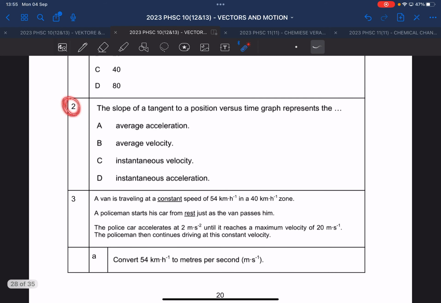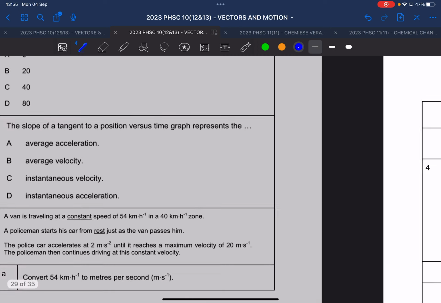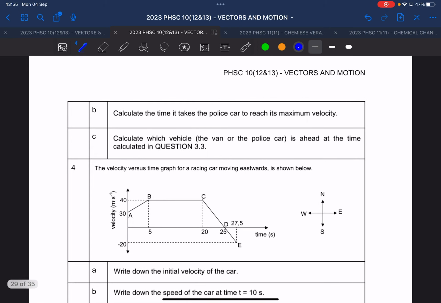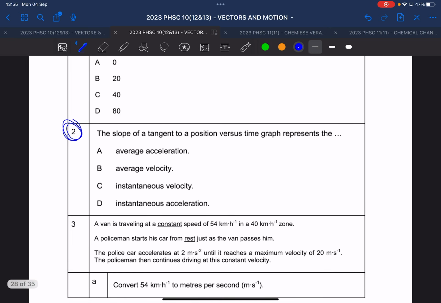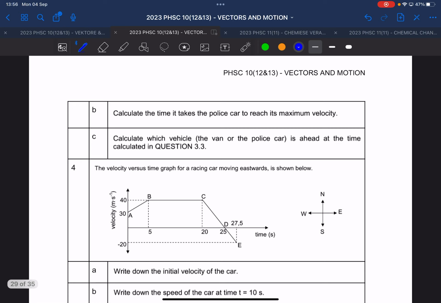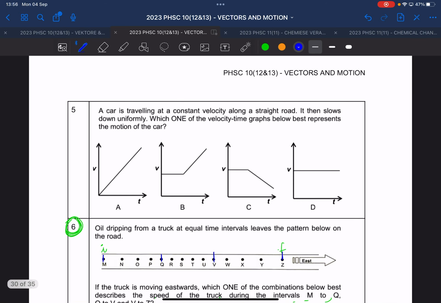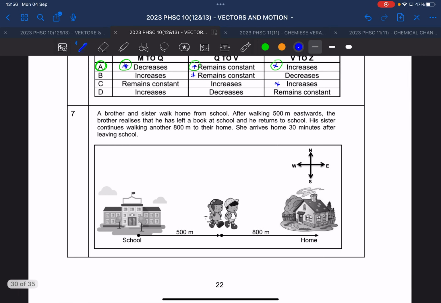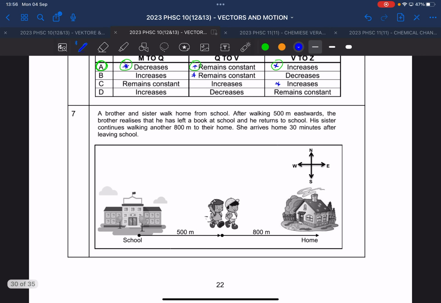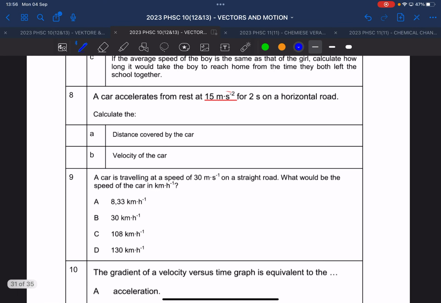Question 2. Question 3A and B, not C. Question 3A and B. Question 7. Okay, only that.